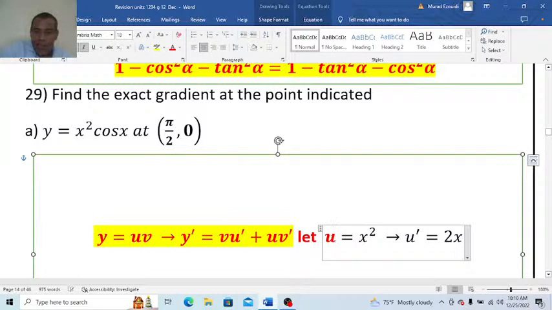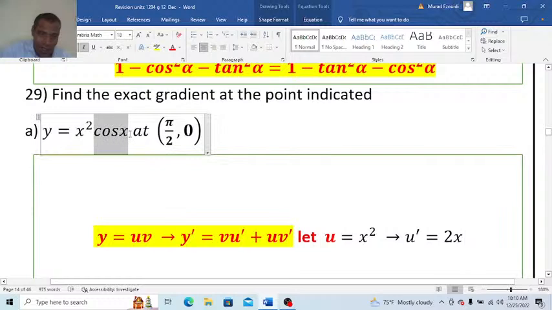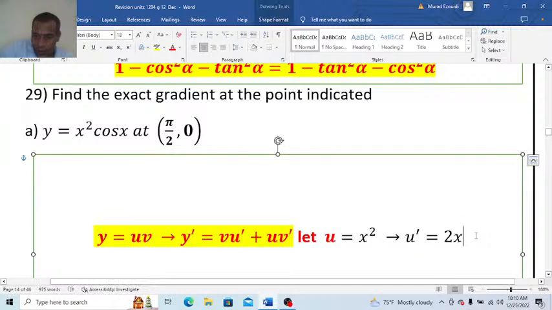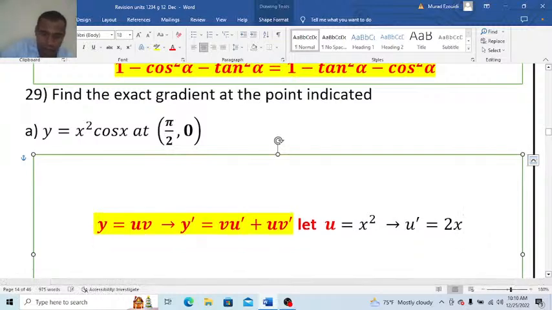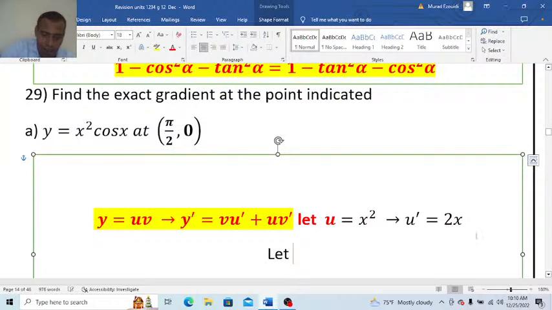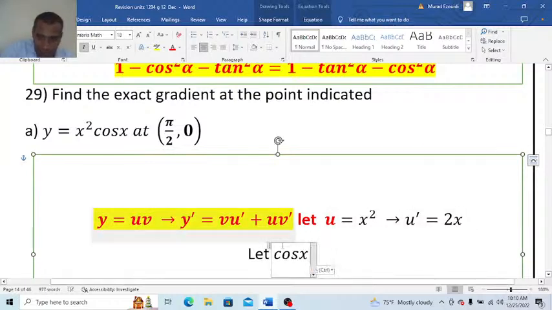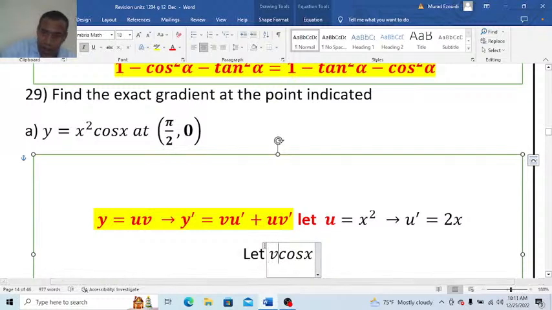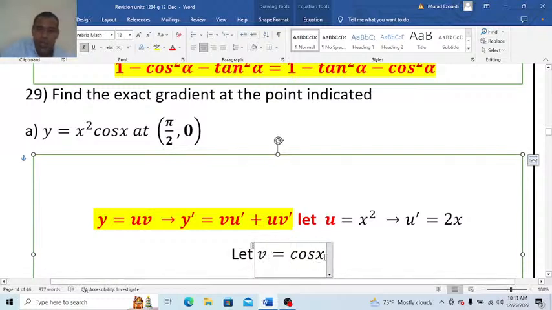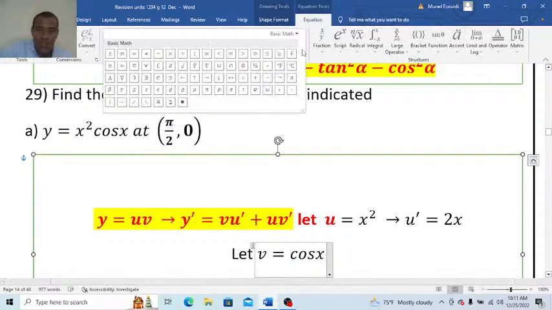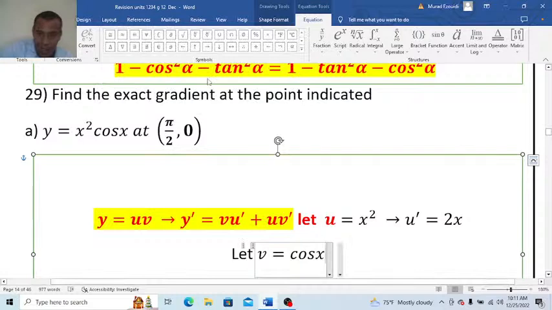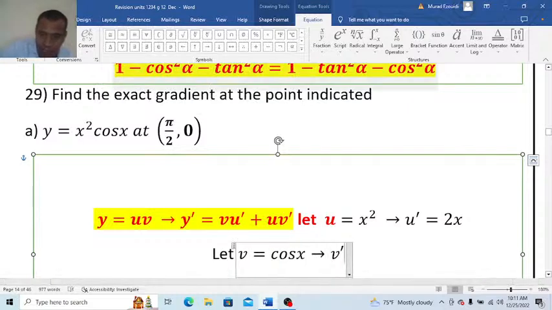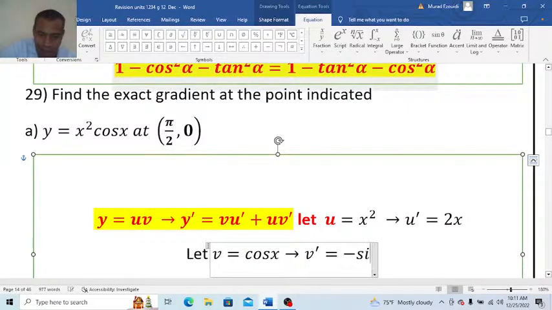Now I'll tell that let v equal cosine of x. Therefore, the first derivative of cosine, learners, is minus sine. So v dash in fact is equal to minus sine of x.